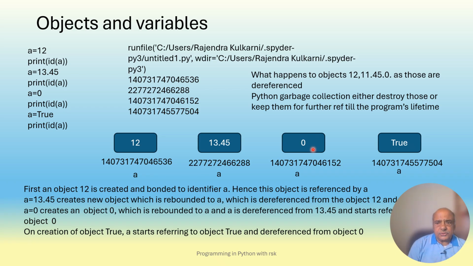It will either destroy those objects 12, 13.45 and 0, or these items will be kept for further reference till the program's lifetime. What Python does, we cannot know, we cannot judge, but definitely these dereferenced objects are most of the time destroyed by the garbage collection mechanism in Python.